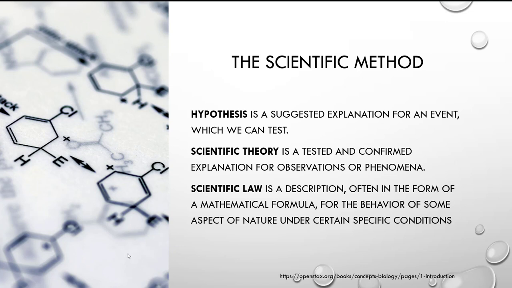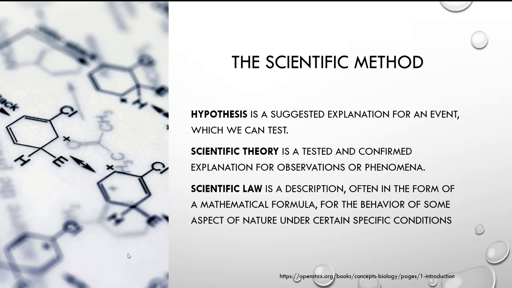Scientific theories are broad in scope, and they've been tested over and over and over again and have varied evidence to support them. So it's a hypothesis that has been tested over and over again with lots of evidence to support it.